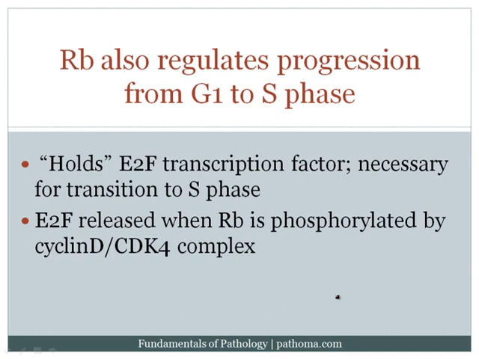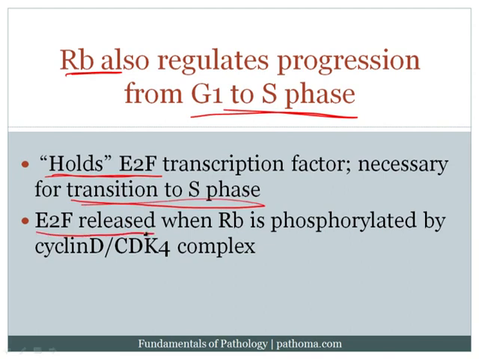So let's go back and read. Retinoblastoma regulates progression from G1 to the S phase. Retinoblastoma holds the E2F transcription factor, which is necessary for a transition to the S phase. Normally, E2F is released when retinoblastoma is phosphorylated. And who phosphorylates retinoblastoma?